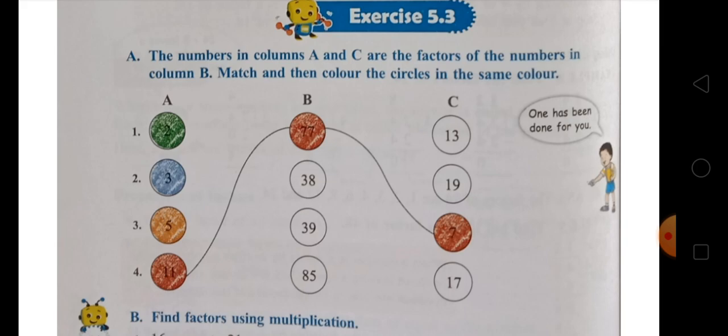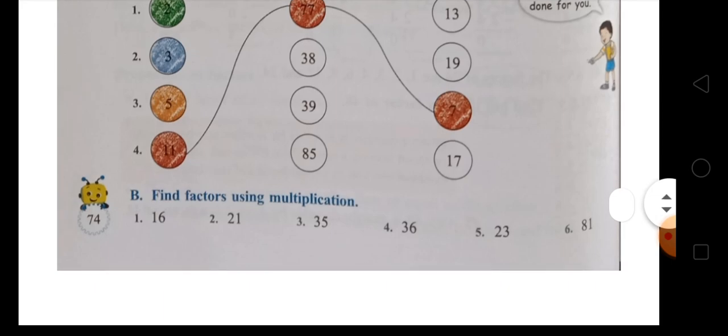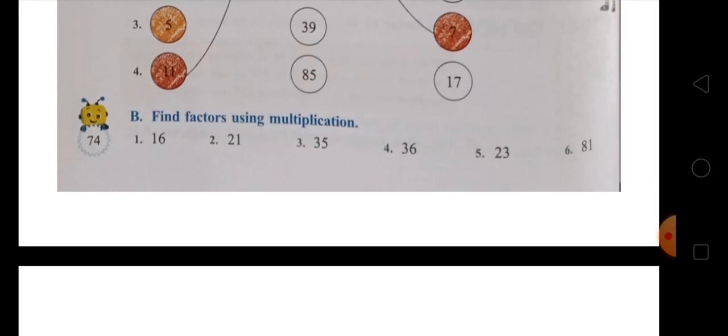The factors of 38 will be 2 and 19, the factors of 39 will be 3 and 13, and the factors of 85 will be 5 and 17. Now question B, find factors using multiplication. You have to find factors using multiplication.